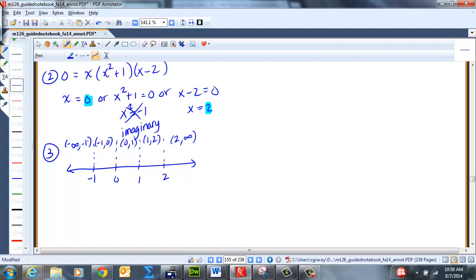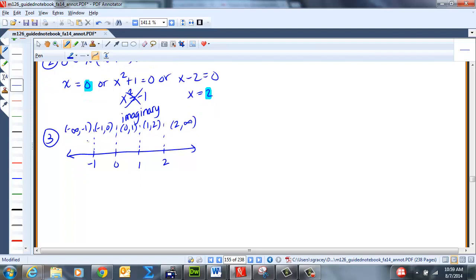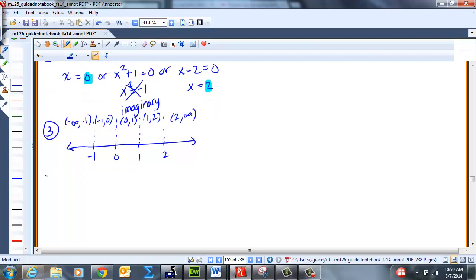So here we go. Remember, f of x was equal to x times (x squared plus 1) times (x minus 2), all over (x minus 1) times (x plus 1).